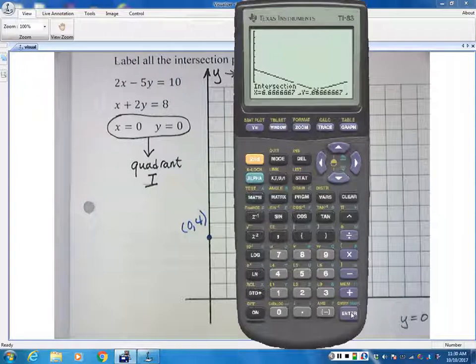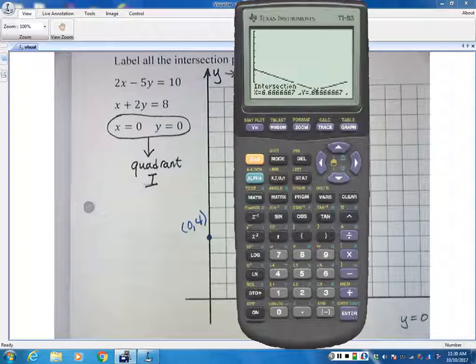And it says the intersection point is 6.666666667. And the y value is 0.6666667. Now, if you know anything about your fractions, those actually are fractions. The first one is 6 2/3, and the second one is 2/3.